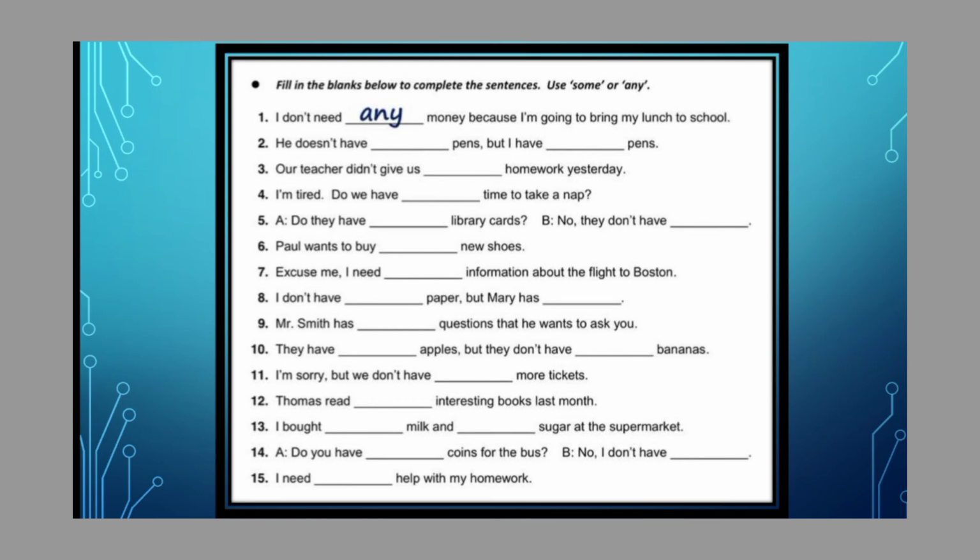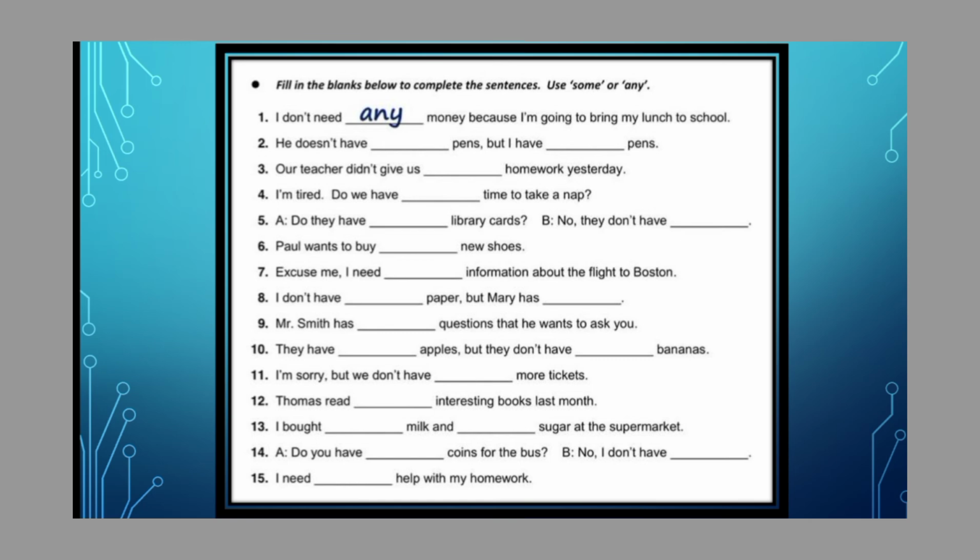Next, he doesn't have dash pens, but I have dash pens. Here the first sentence has doesn't. So he doesn't have any pens, but I have some pens. To fill the first dash we use any, and to fill the second dash we use some.